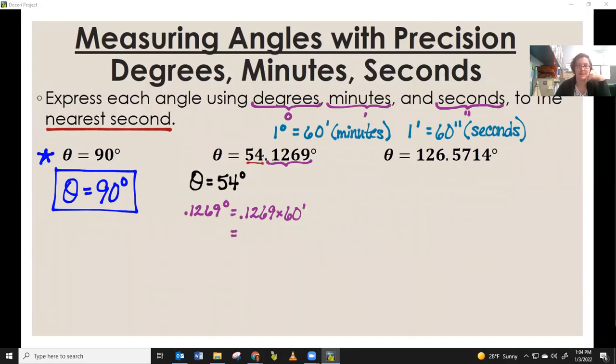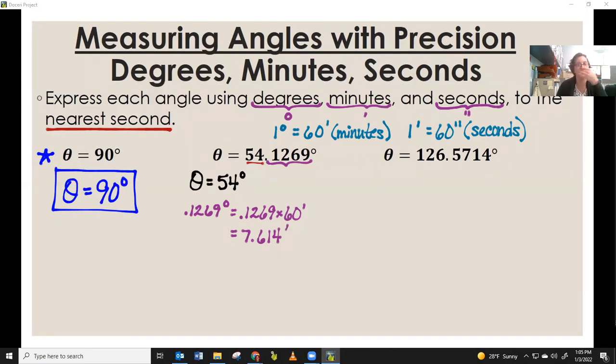We got 7.614. And that would have the unit of minutes on it.